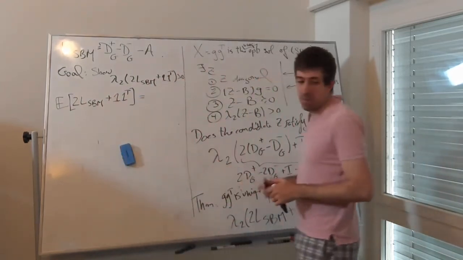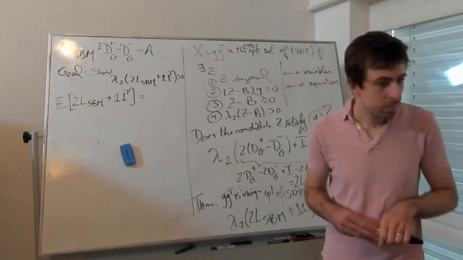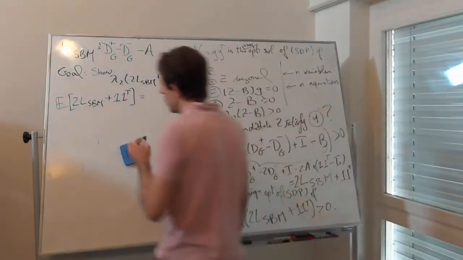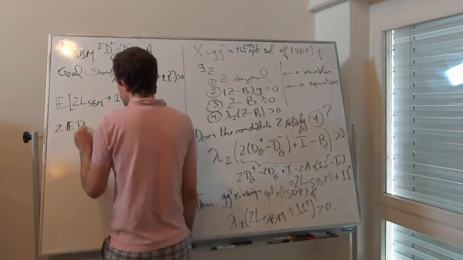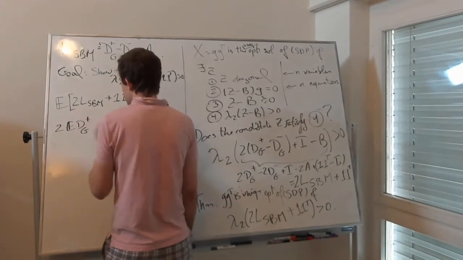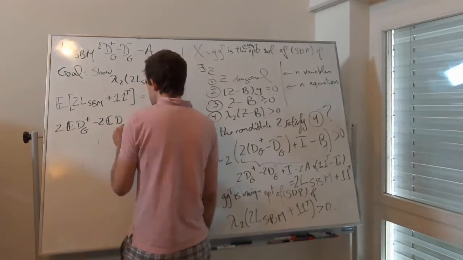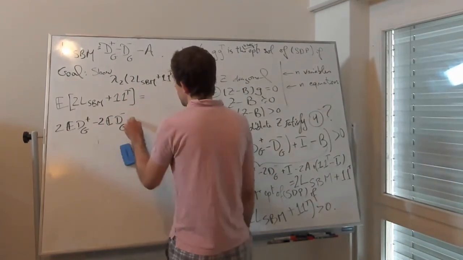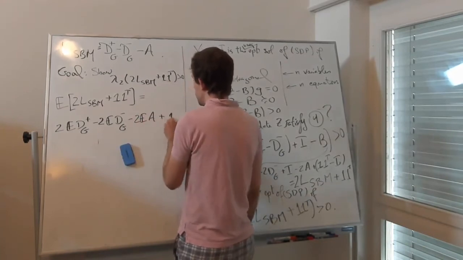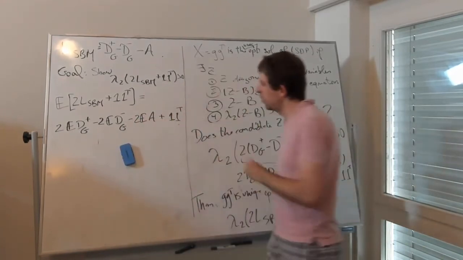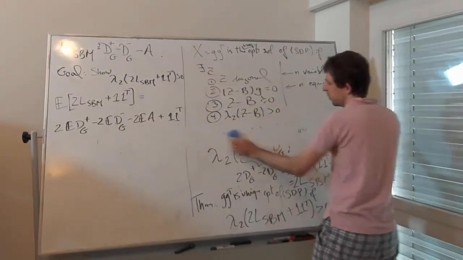This is, of course, a very, very natural question. So let's write it. We have 2 expected value of D_G plus, minus 2 expected value of D_G minus, minus 2 expected value of A plus 11 transpose. Now we can try to work out exactly what this is. Okay, I might need a bit more room.